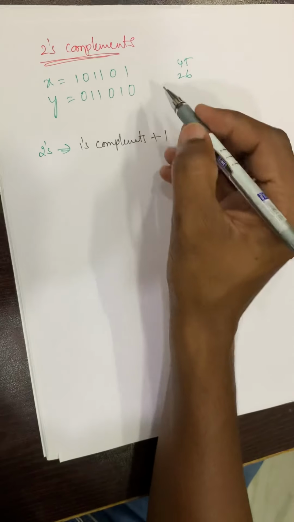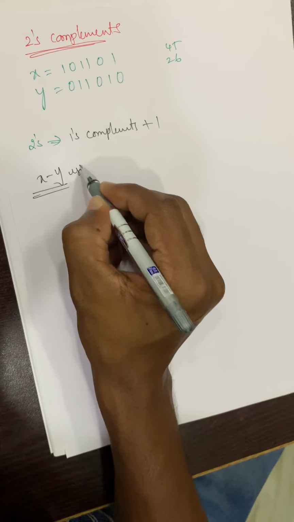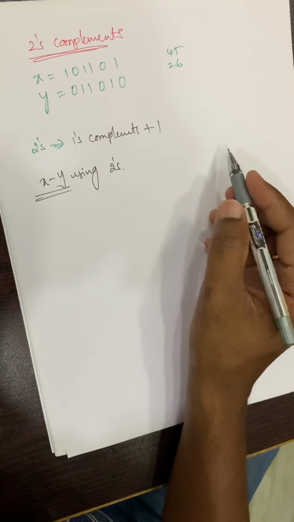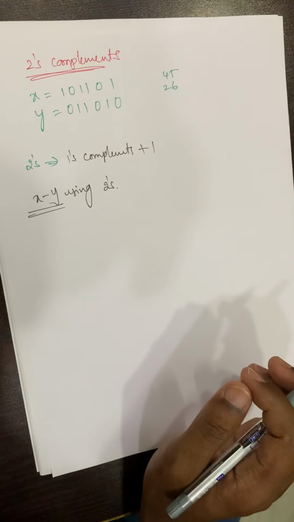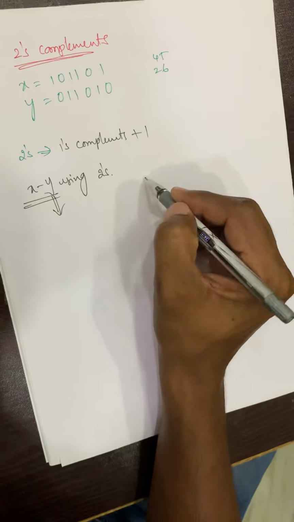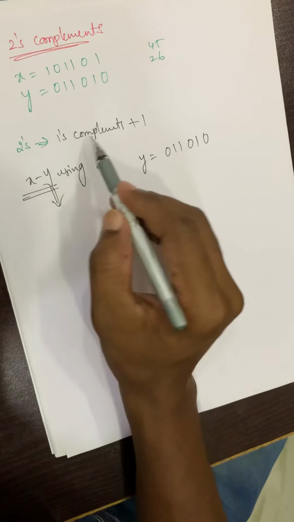Then here we have to perform the x minus y operation using 2's complement. Always the complement is applied to the negative number. Here which one is the negative number? y is the negative one. Y is 0 1 1 0 1 0. What is the 2's complement?